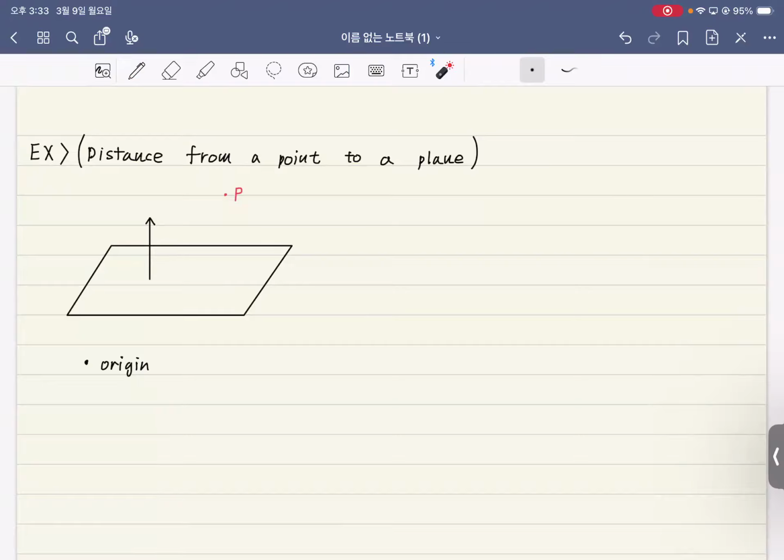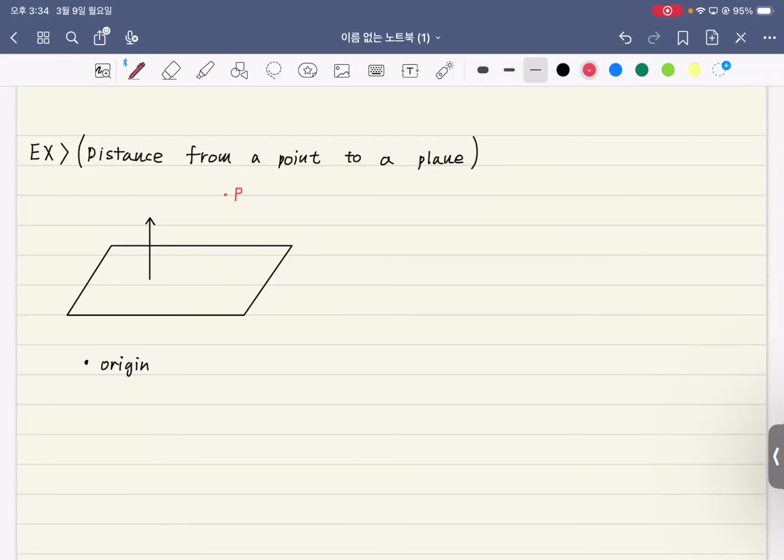What I want to do is this. I want to find the length between this point and this plane. What do I mean by that? How would you define a length between a plane and a point? Well, that is easy.